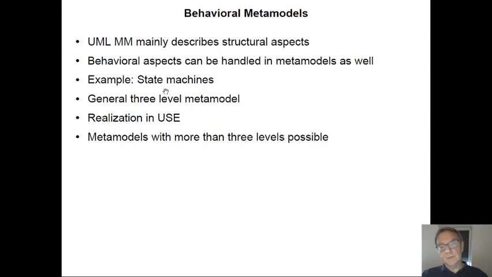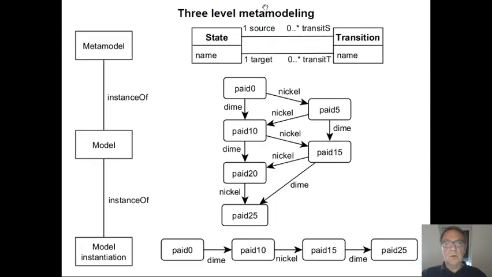And after we have seen some of the details of this three-level meta model, we will also see that in general meta models with more than three levels can be realized. So, three-level meta modeling of behavioral aspects.